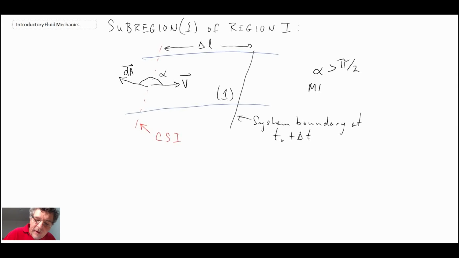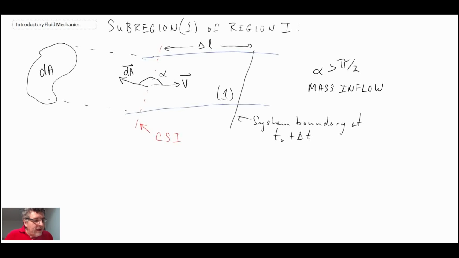So this represents mass inflow. So mass coming into our control volume, and we have a projected area, some arbitrary area. We don't know exactly what it is, but I'll draw it as being dA.